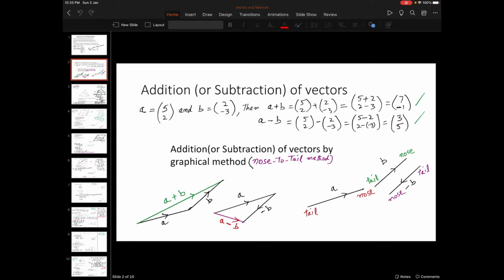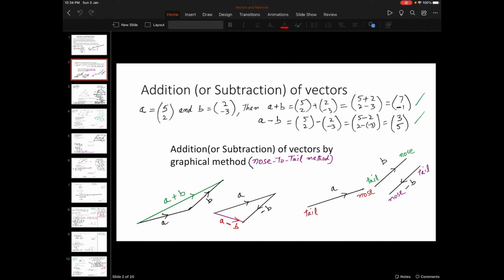Here you are given two vectors A and B. Now you join the tail of vector B to the head of vector A, or to the nose of vector A. So in this way the line segment which is in green color, that is the resultant of vectors A and B, that is the magnitude, and the arrow will be towards the arrow point of the last vector.